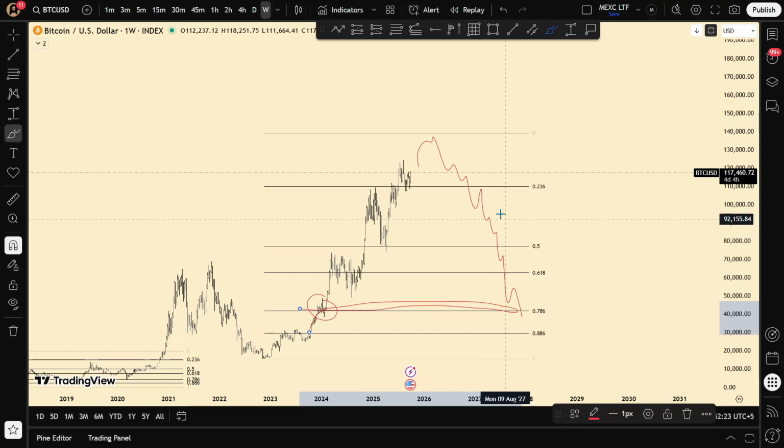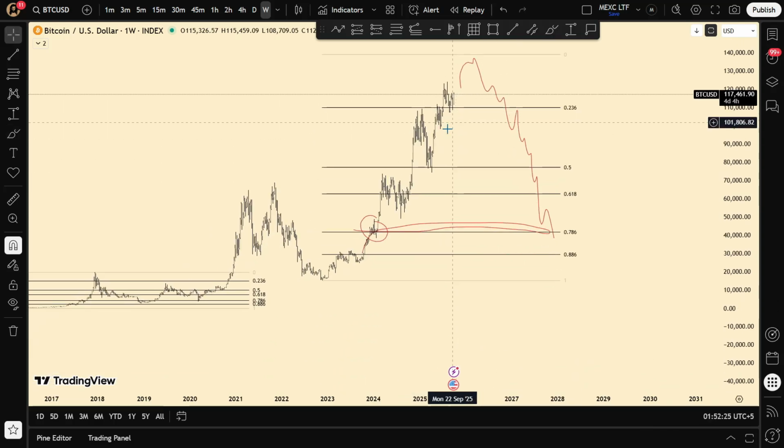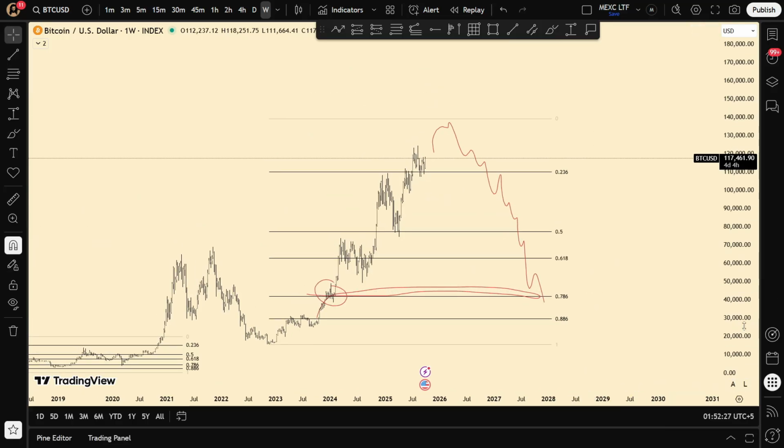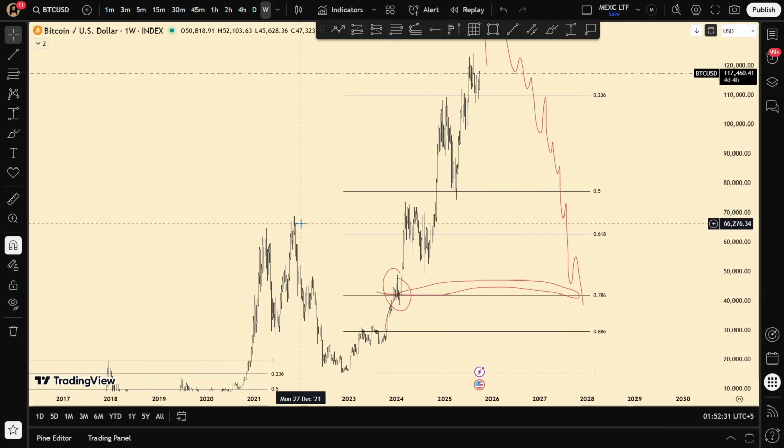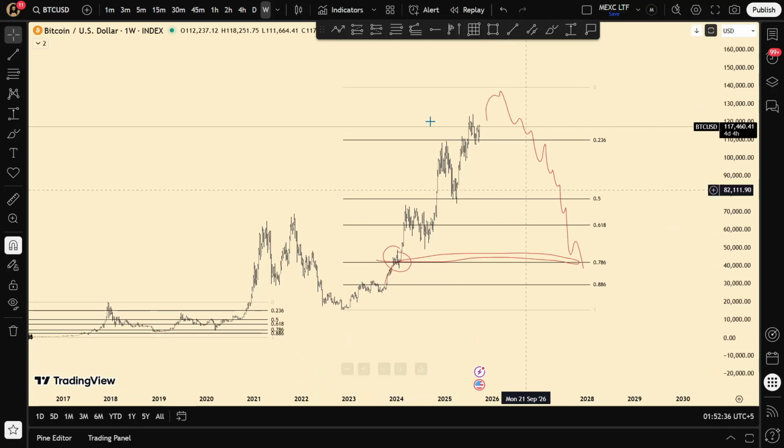Just be patient enough. So this is the market cycle on Bitcoin. And I've just shown you how the psychology of market cycles and Fibonacci work in tandem. This is basically why the Fibonacci retracements work.